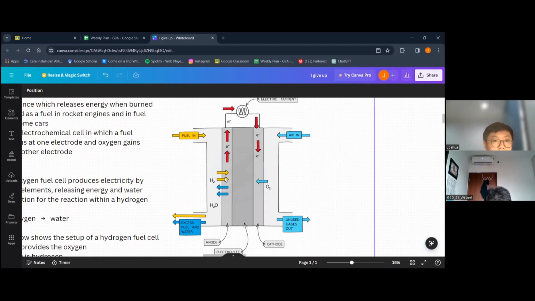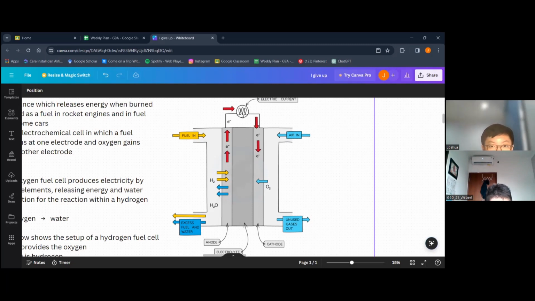So hydrogen is split into a proton and electron. The proton part will pass through this membrane to the other side, through here, the electrolyte. But the electrons will have to pass through the circuit as it is negatively charged, and the PEM, proton exchange membrane, only accepts the positive one.